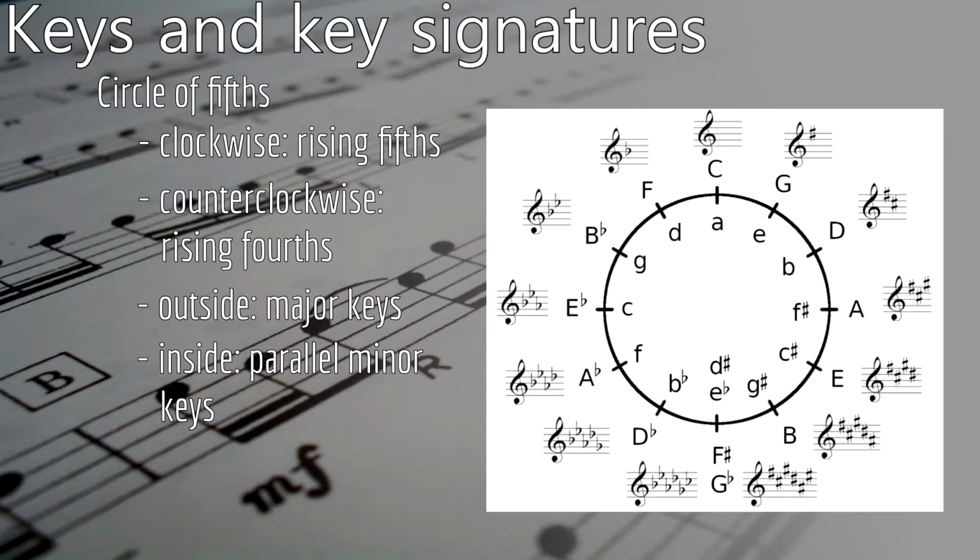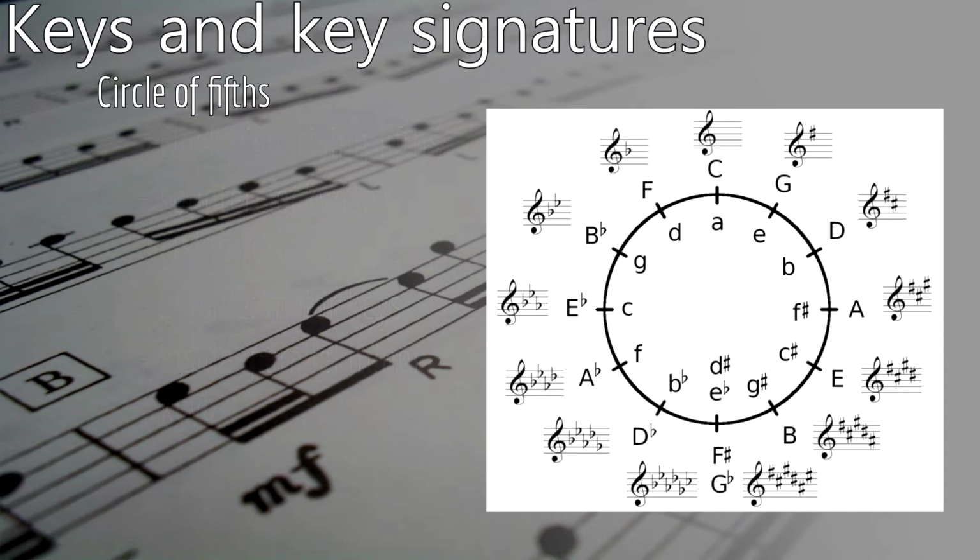So we will come to the G, then to the D, to the A, to the E, the B, and the F sharp. And if we go back to the C, and now go counterclockwise, we will rise in fourths. So this is a C again, this is an F, B flat, E flat, A flat, D flat and G flat.